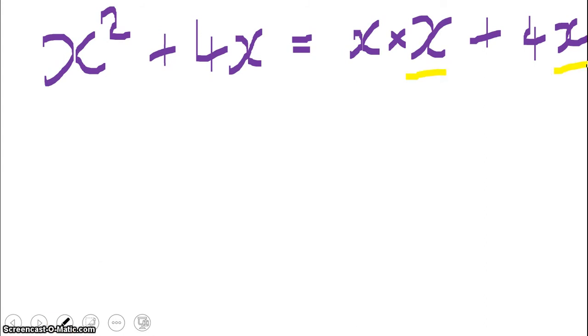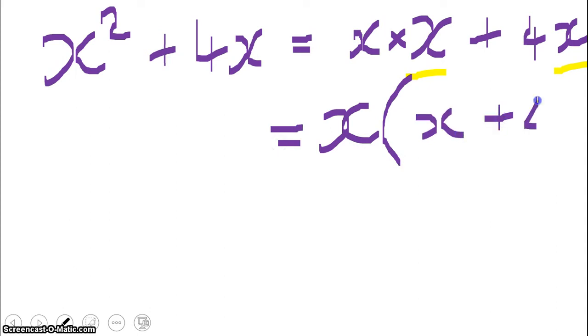So I'm going to pull an x out. And if I pull one x out, I'm left with x plus 4. And that's really as hard as factorising gets for year 8.